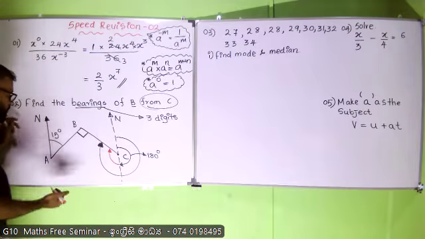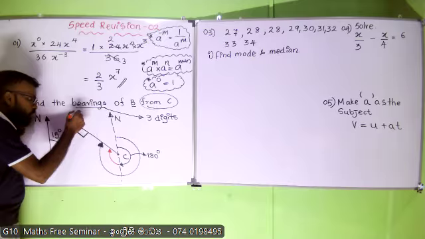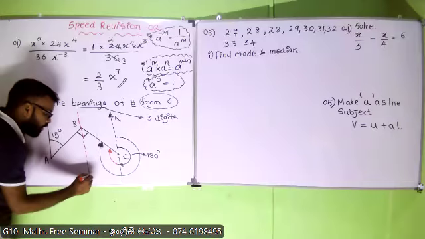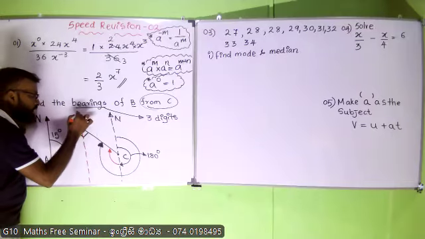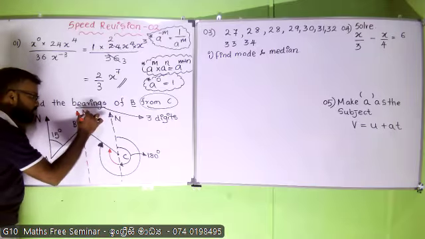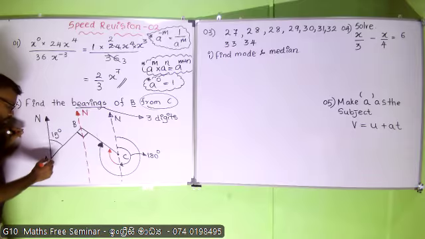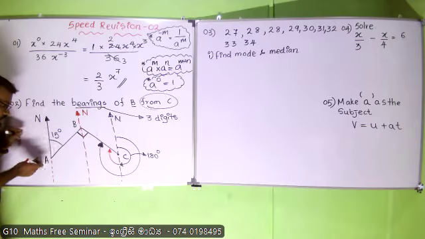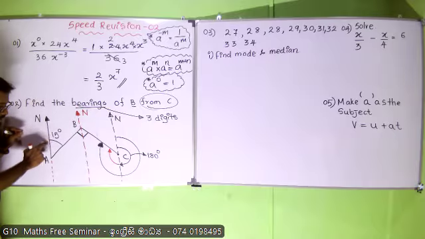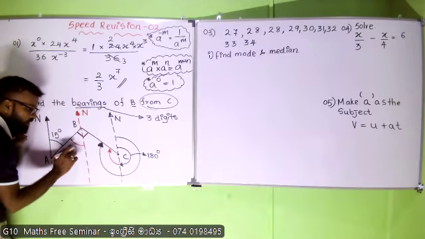Okay, let's see. Here you have point B, and on point B you are going to draw north again, so that you have three parallel lines. Now, these two lines are parallel and here you have a transversal. If this is 15 degrees, this is also 15 degrees by alternate angles.